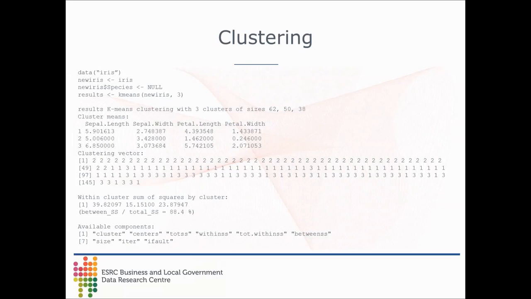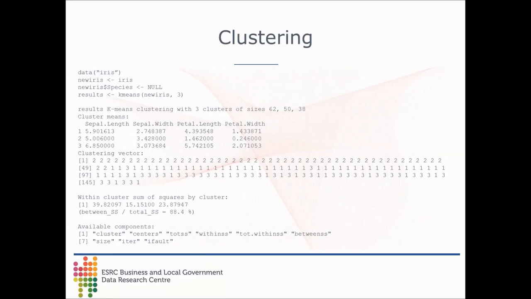We can then see how the data tells us which item is in which cluster. So this clustering vector basically says the first item up to the 48th item are all within cluster 2. From 49 to 97, the items are predominantly within the first cluster, a couple within 3 and the second.